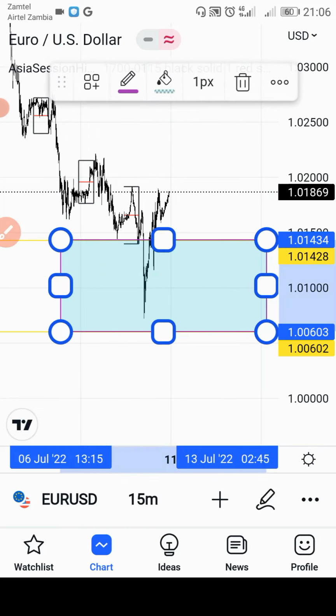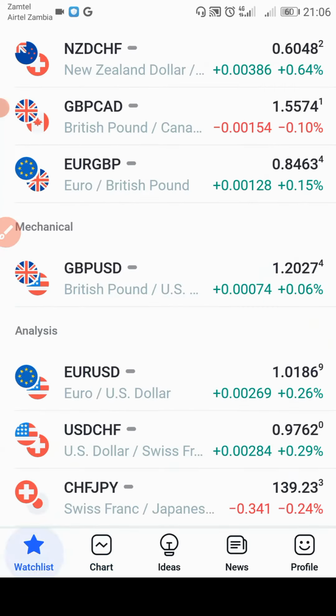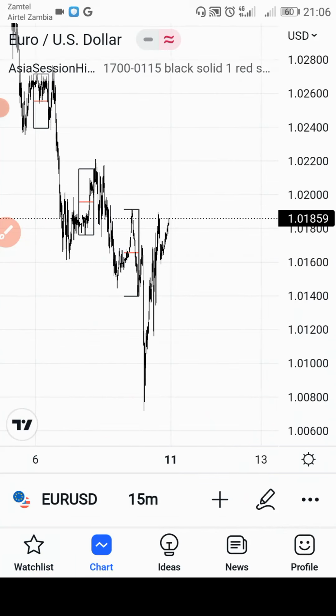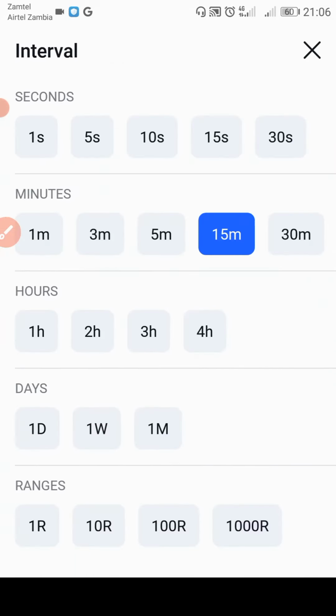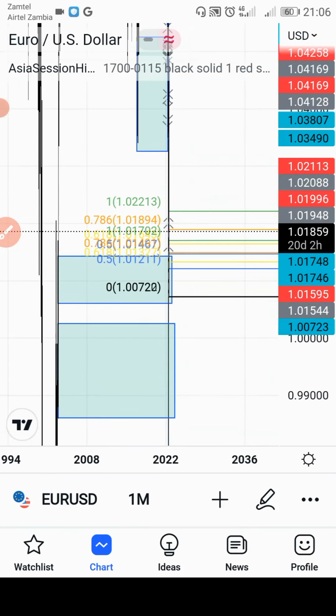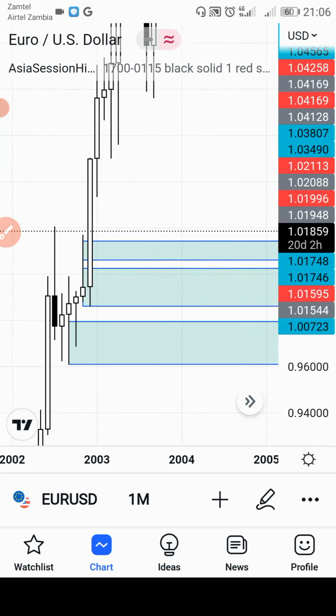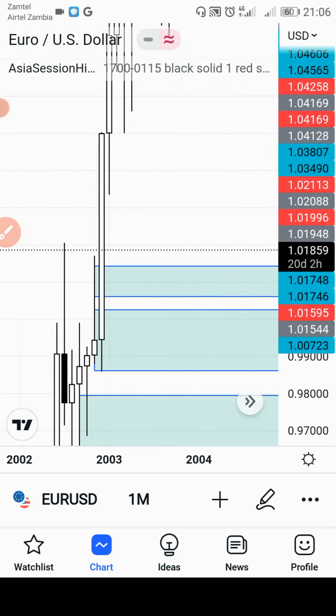I'll show you the level. So we can see our levels here.